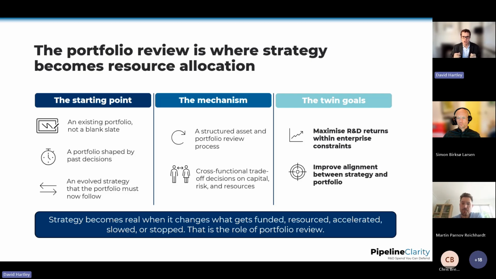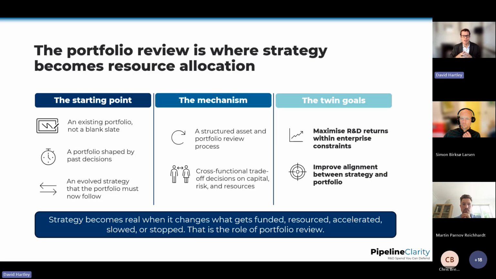And it is a structured review process that operates at both an asset and a portfolio level. And we'll describe later what we mean by the different components of a portfolio review, an asset and a portfolio level. But really it's there to help you do cross-functional trade-off decisions, really looking at your capital, risk and resources. And the goal of the portfolio review overall is twofold. Firstly, it's to maximize your R&D returns within the enterprise constraints.